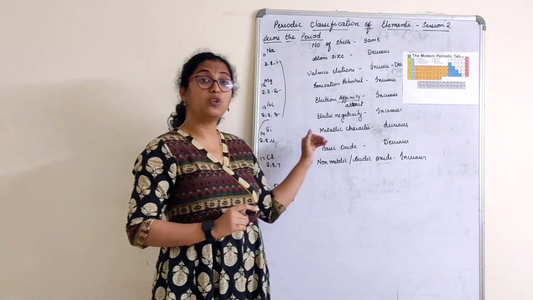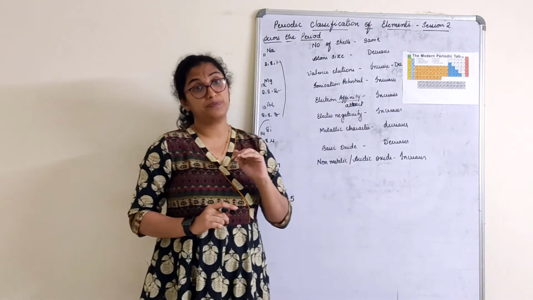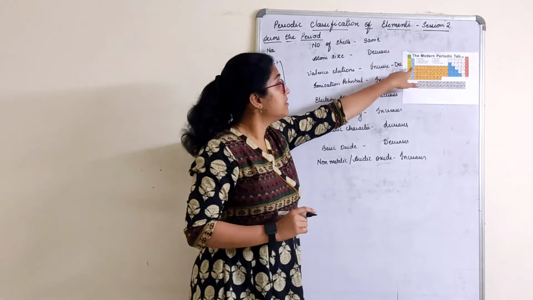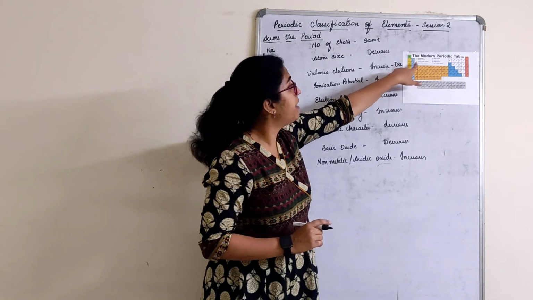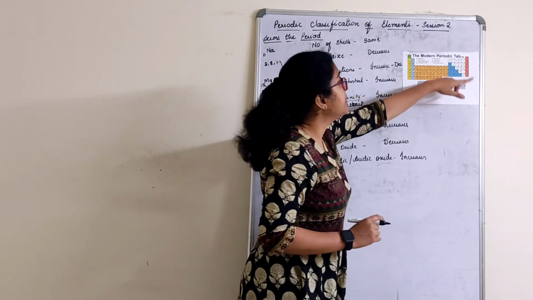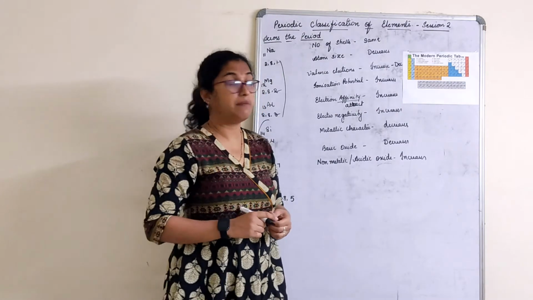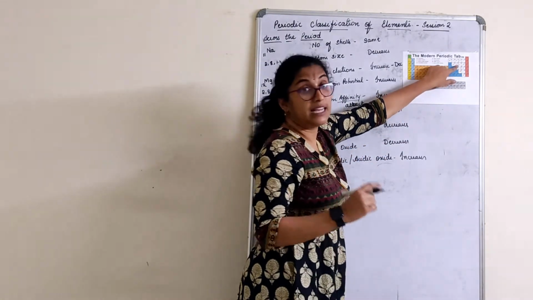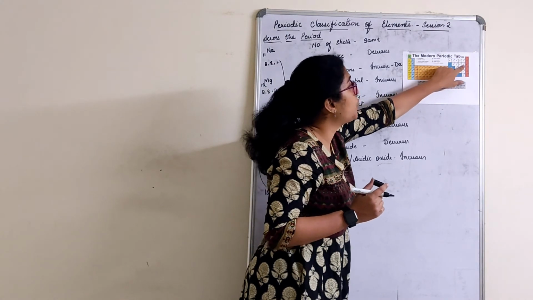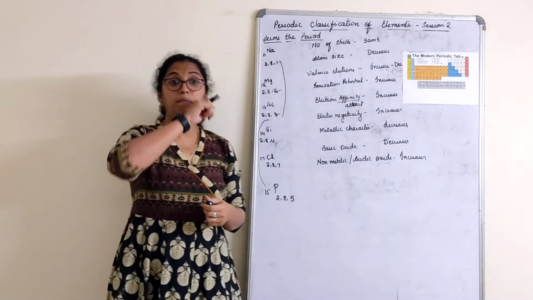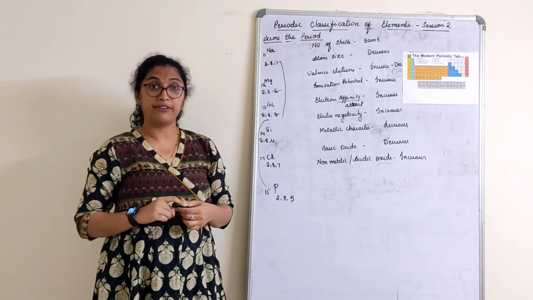So as we go across the period, initially you have metals like sodium, magnesium, aluminium, then silicon is a semiconductor. Then come non-metals, phosphorus, sulfur, chlorine, and the gas argon. So from metal to non-metal you have, okay.